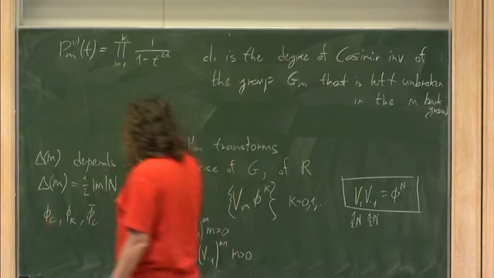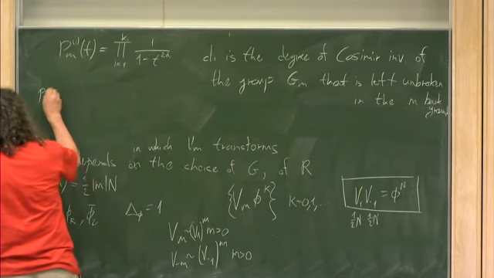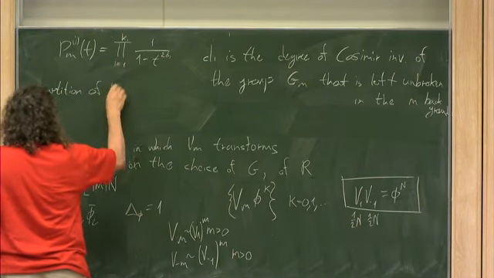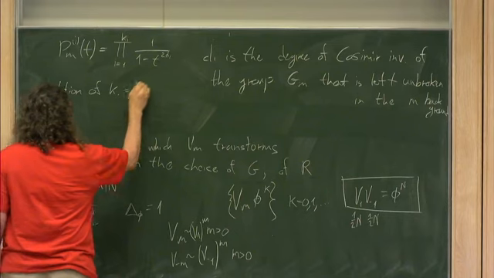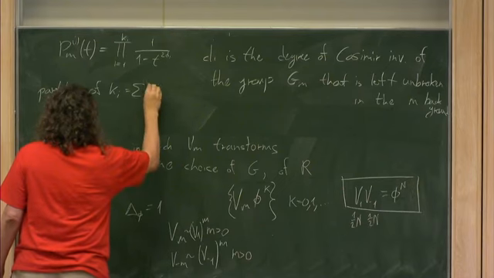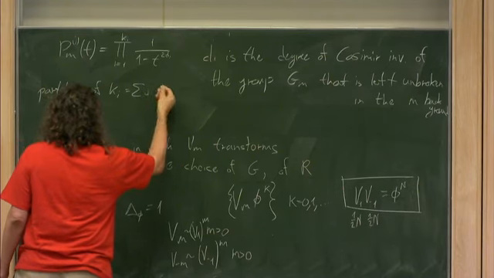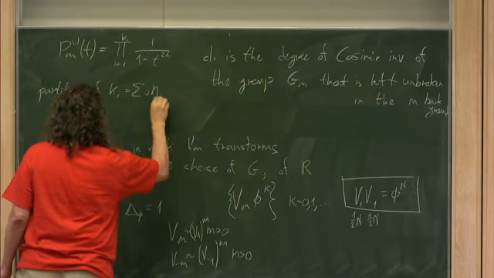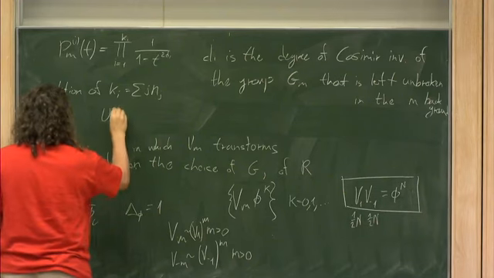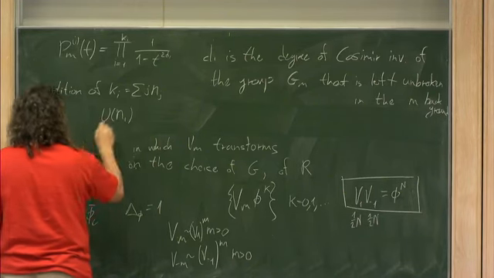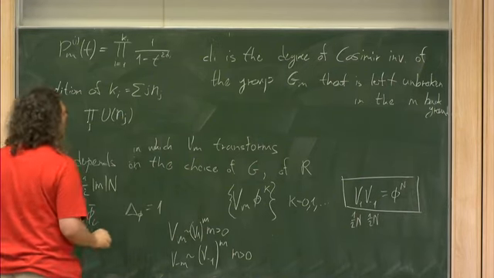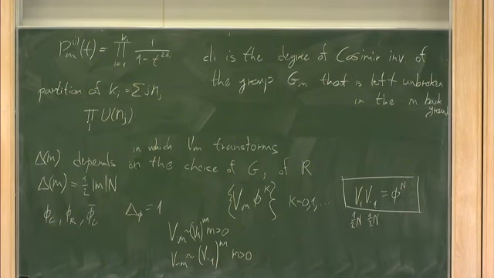Over here, if I pick a partition of k_i, so it's going to be some j and j, then the residual group is going to be a product of U(n_ij), and then there will be a collection of Casimir invariants.